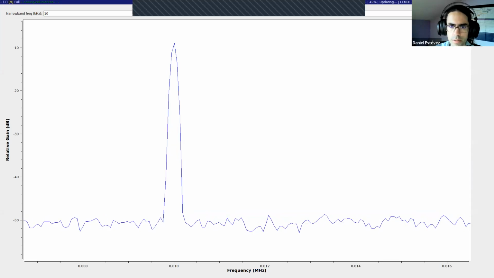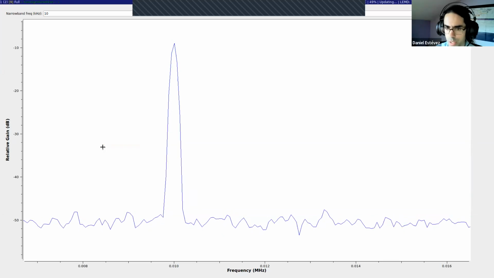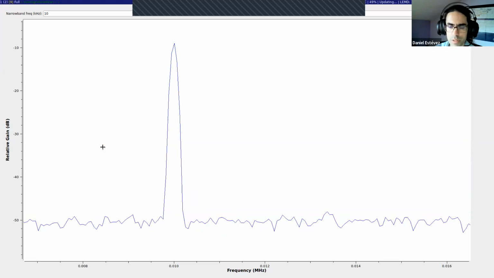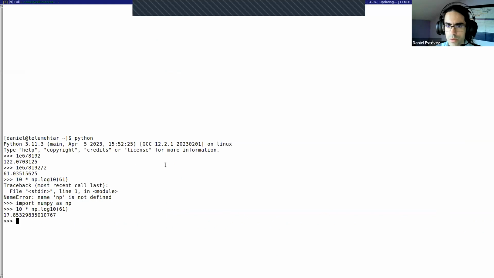Maybe I can also share this here to show the calculations. The calculations I was doing was just the bandwidth divided by the FFT size in both cases. And now I'm doing 10 times the logarithm base 10 of 61, which is what I got here. And I get 17.8.